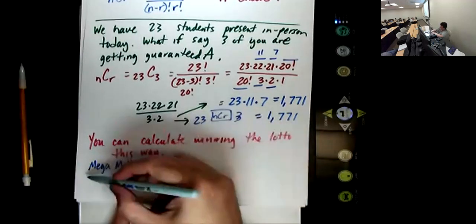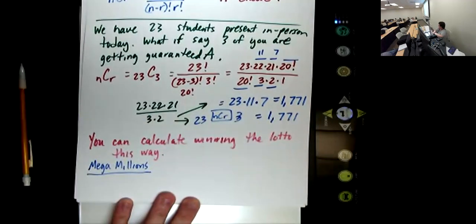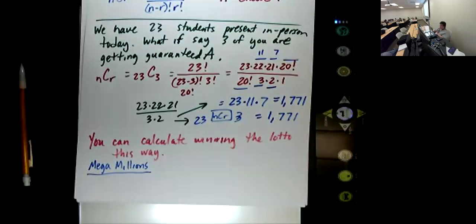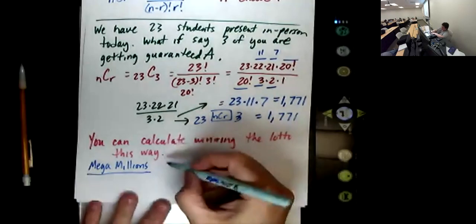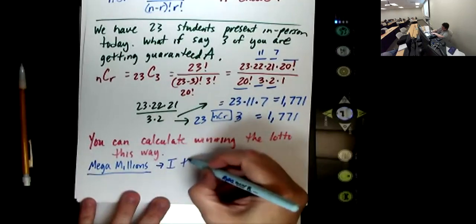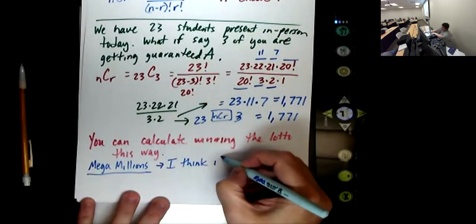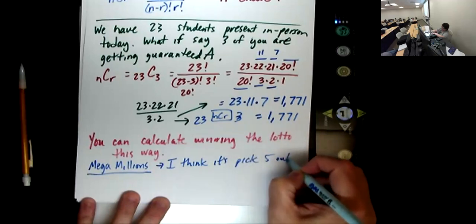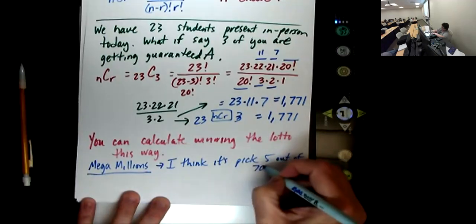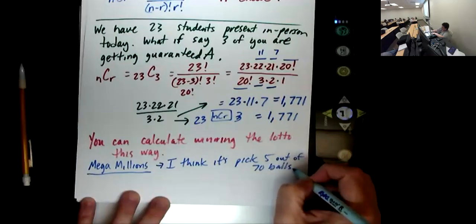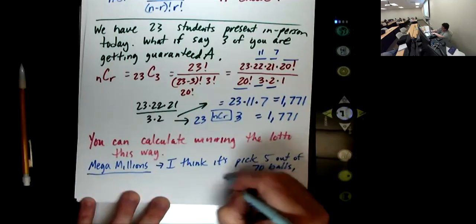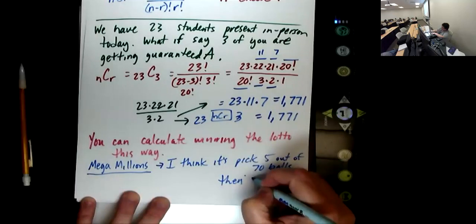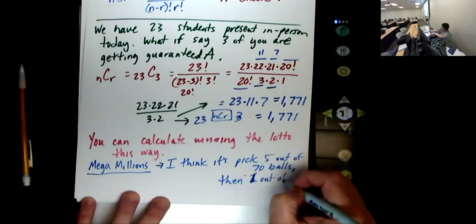I think Mega Millions is out of 70 balls. Does anyone know? I think it's pick 5 out of 70. And then 1 out of 25 for the Mega.